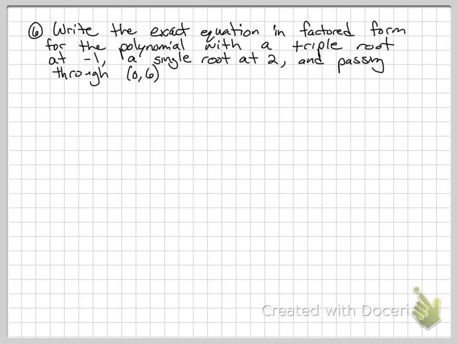Okay, number 6, write it down, pause it, do the problem on your own. Factored form, exact form. Triple root at negative 1, x plus 1 cubed. Single root at 2, x minus 2.